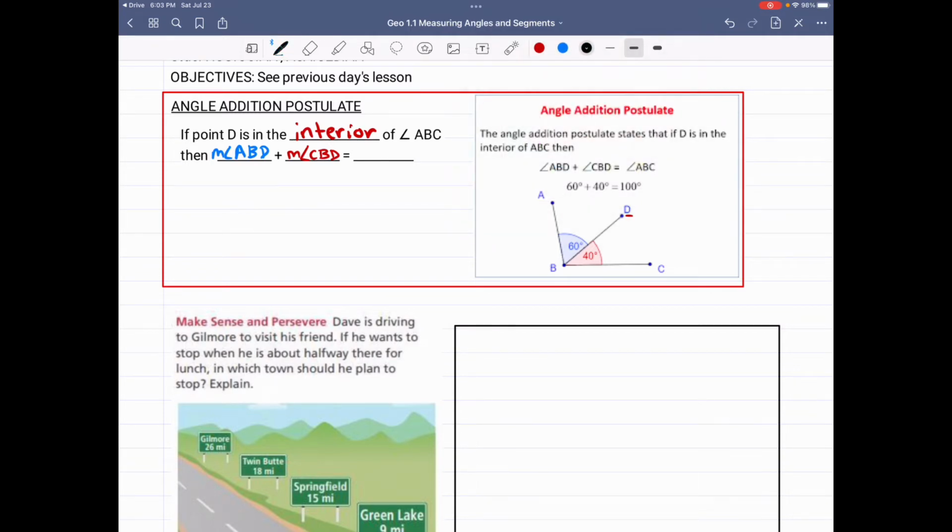And the whole angle is ABC, so the measure of ABC. Okay, and you can see that in the little diagram if you assign 60 to ABD and you assign 40 to CBD, and it's very obvious that 60 plus 40 is 100.